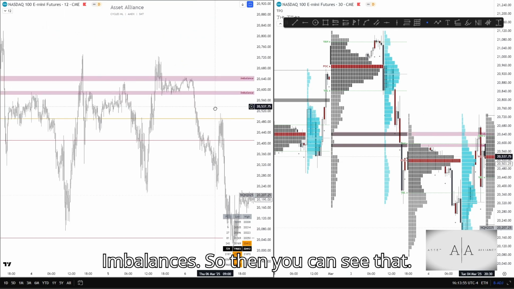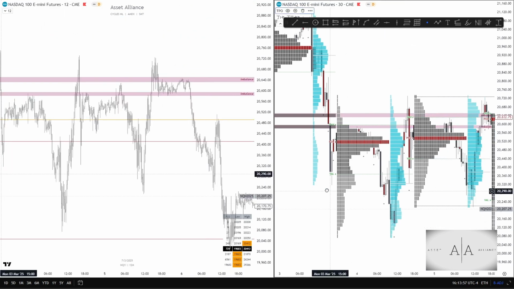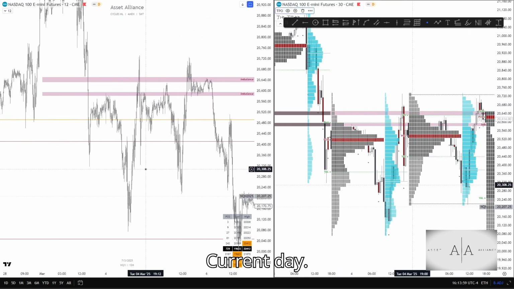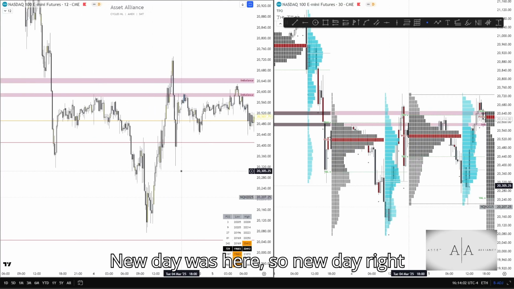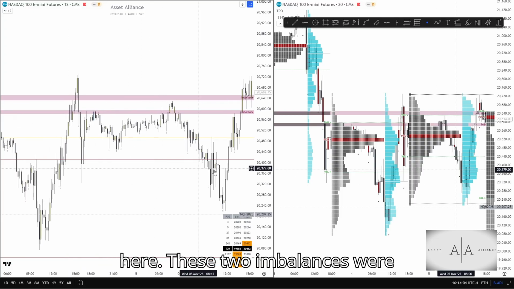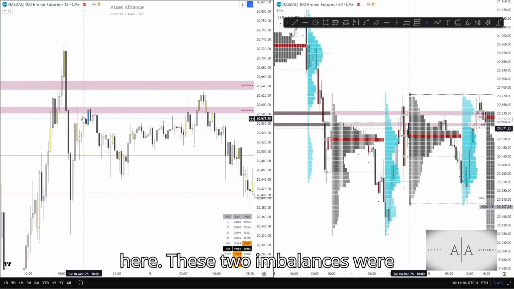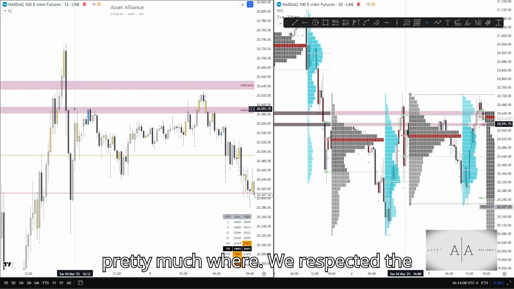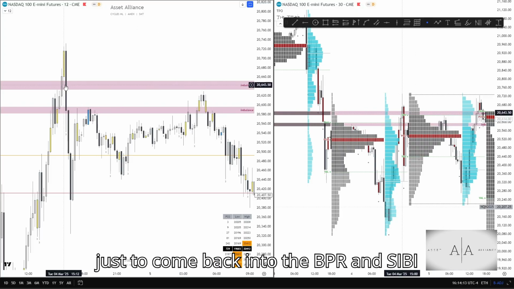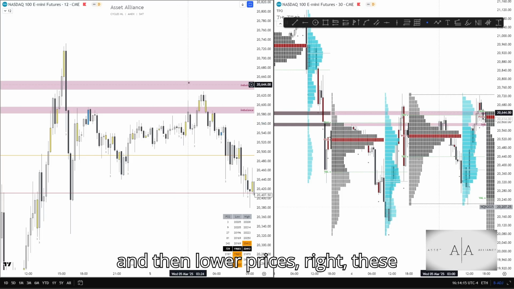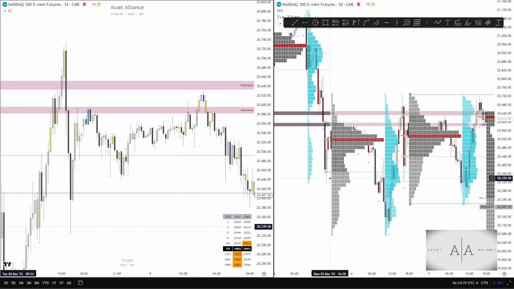Imbalances. So then you can see the current day, and the new day was right here. These two imbalances were pretty much where we respected the levels. Here it came back into it, but just to come back into the BPR and CB, but then lower prices, right? These imbalances can be used.